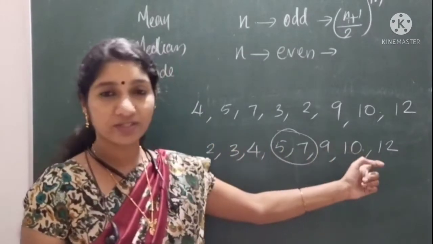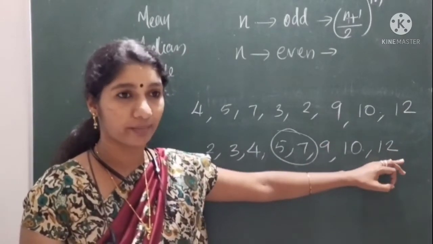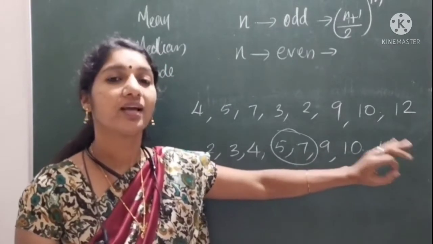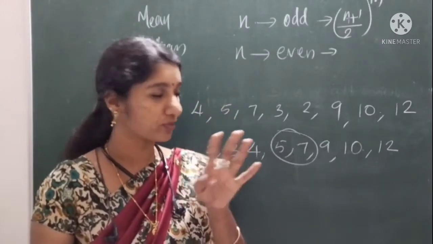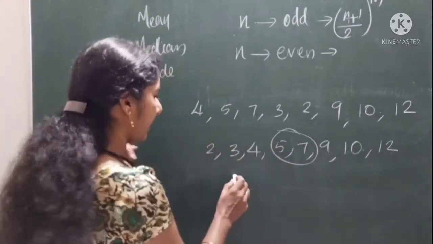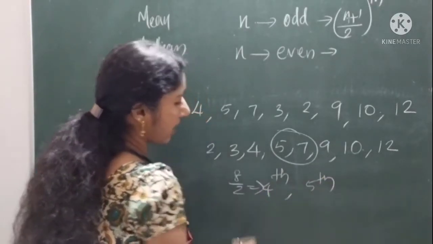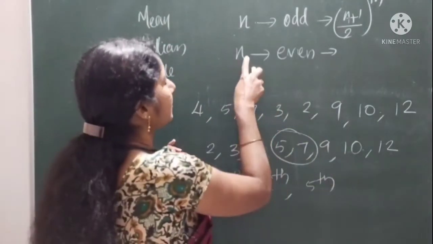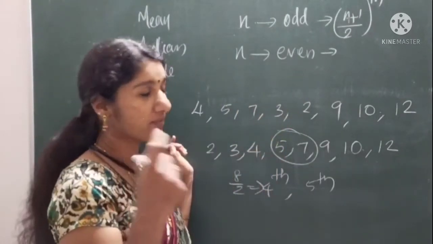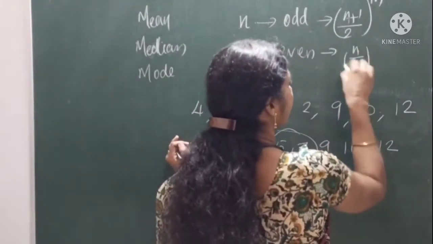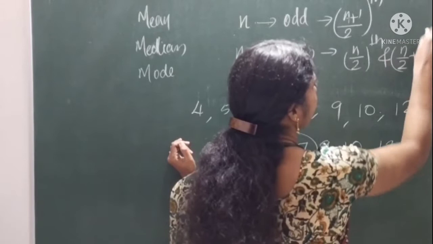See, there were a total of 8 observations. If n is an even number, like 8 observations, how do we get the middle values? The 8 by 2th value, that is the 4th position, and the 5th position. 8 by 2 is 4, so the 4th and 5th members are the middle values. So if the number of observations is even, we get 2 middle values: one is the n by 2th value and the second is the (n by 2 plus 1)th position.